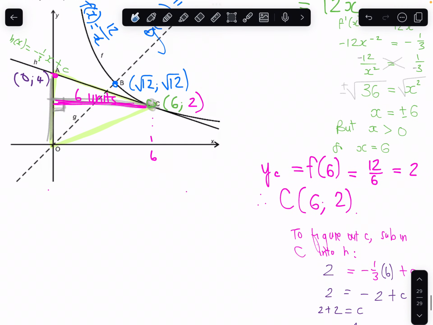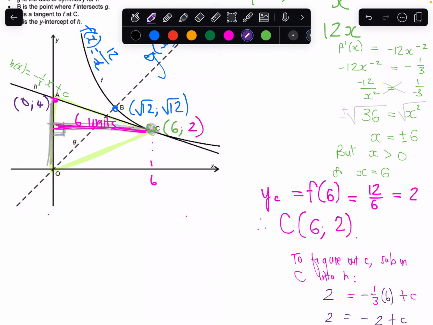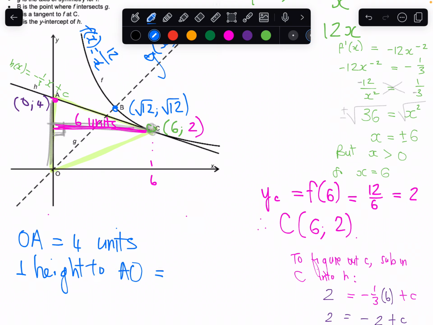Now we can figure out that OA is 4 units long and the perpendicular height to OA is 6 units.